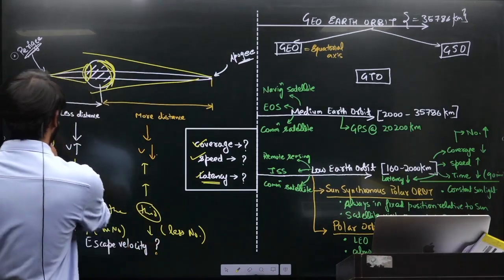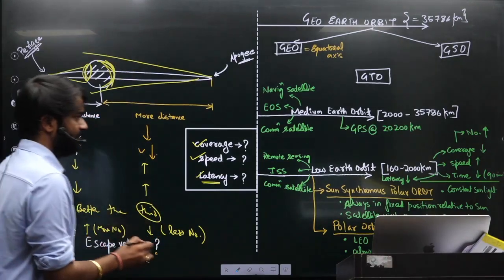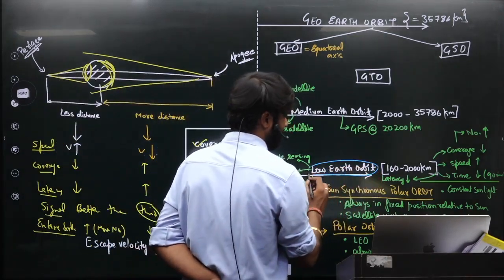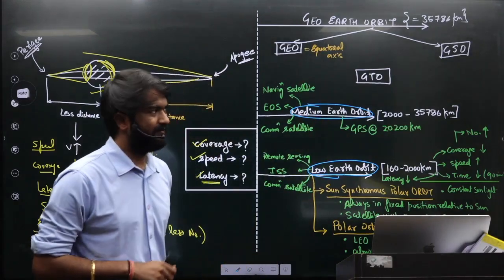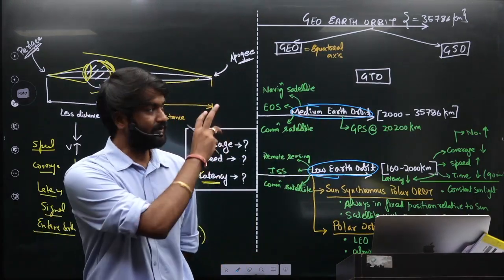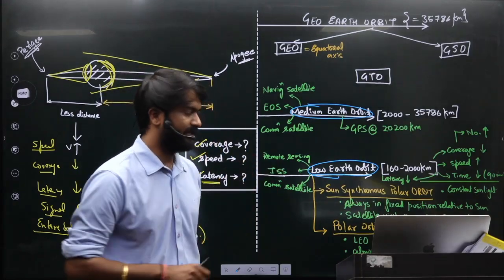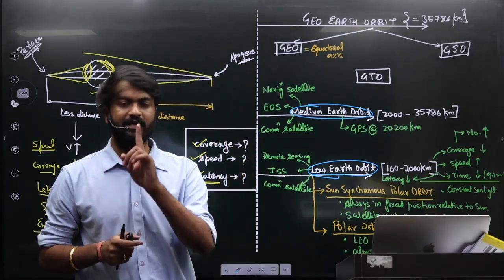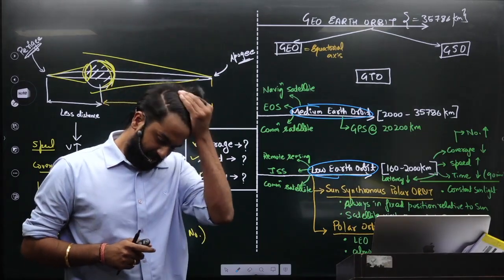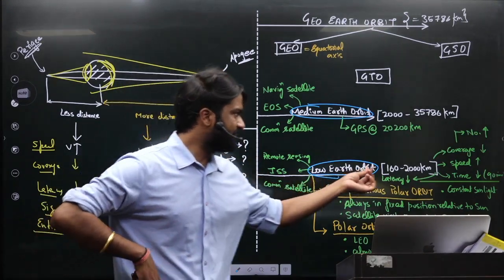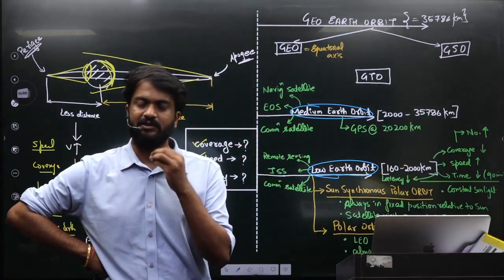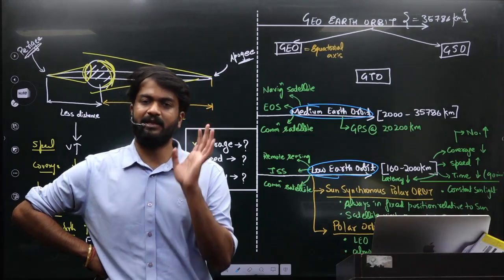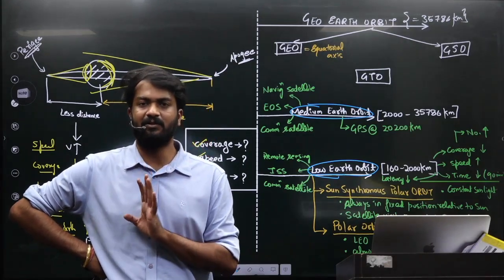Now when I talk about the distances, I have told you, first of all, we have divided the things into low earth orbit, medium earth orbit, and geo earth orbit, further divided into sub classification. I will come to that. First focus here, low earth orbit. First of all, I told you we have to see the distance of the orbit. The distance of the low Earth orbit is around 160 to 2000 kilometer. Now it could vary in various textbooks, doesn't matter, you just remember it as 1000 kilometers, 800 to 1000 kilometers, okay?